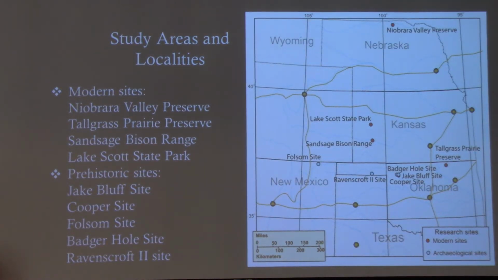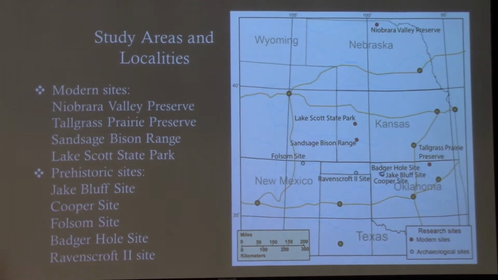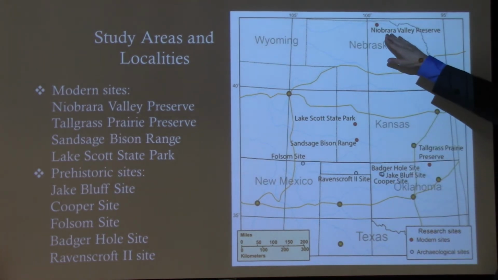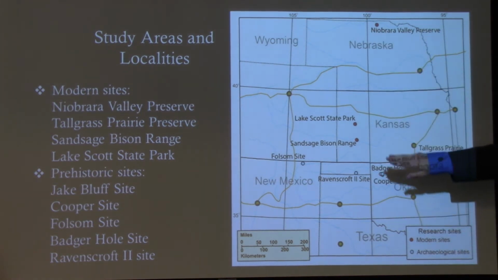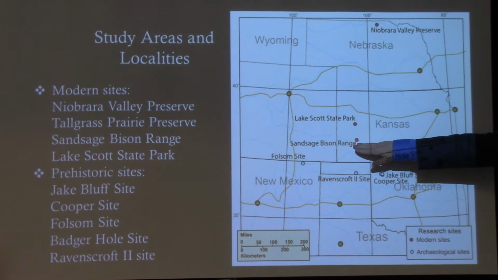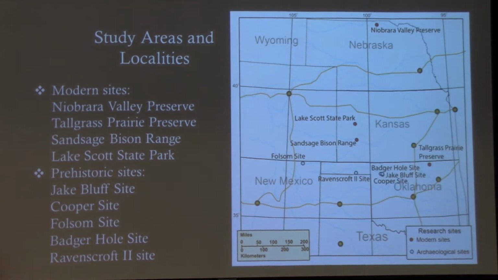So, my study areas. I have 4 modern sites and 5 different archaeological sites. My modern sites are the Niobrara Valley Preserve up here in northern Nebraska. We have the Sand Sage Bison Range here in western Kansas. We have the Tallgrass Prairie Preserve here in northern Oklahoma.